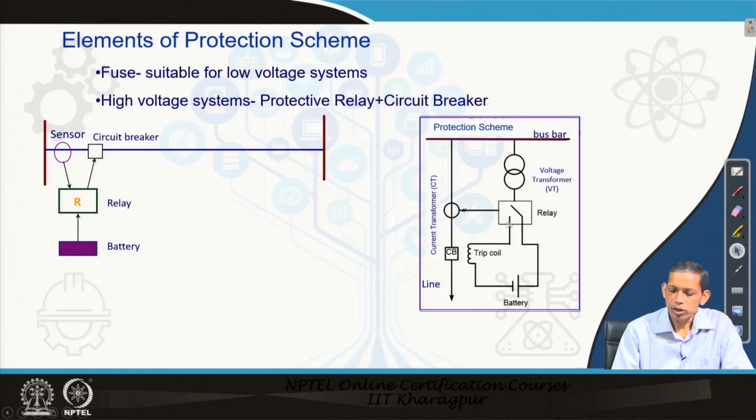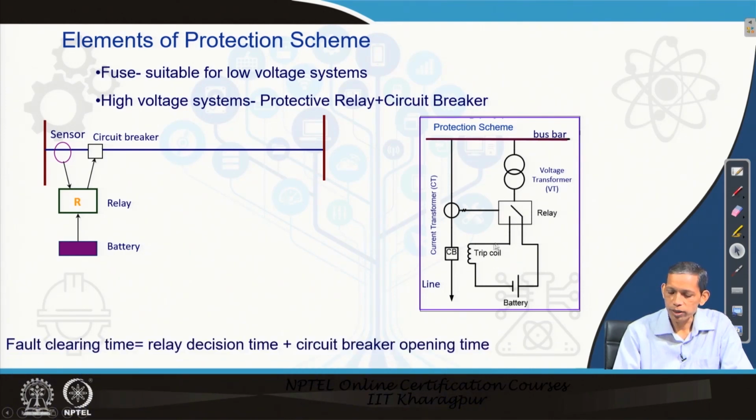Using these signals, this relay makes a decision, yes there is a fault in this line or not, and if the decision is a trip decision, then this path will be closed. Once that is so, the battery supplies the corresponding current to the trip coil and the trip coil opens the circuit breaker and thereby the corresponding fault can be successfully intervened.